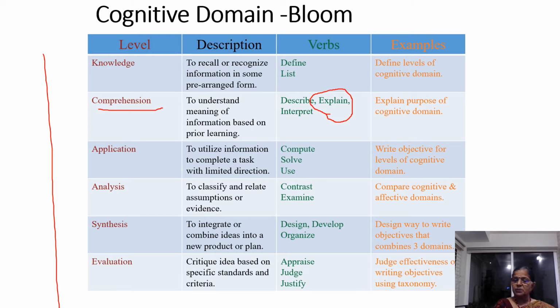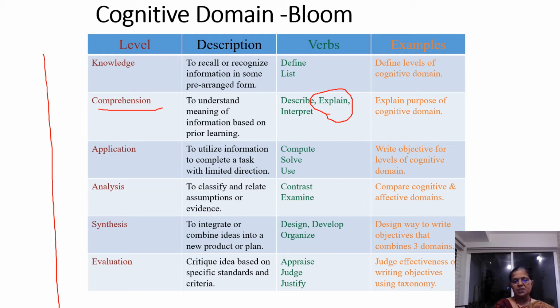If you are able to design a question paper giving equal weightage to all the three domains, using all the levels of each domain, using the proper verbs, that means you are designing a question paper and you are at the highest but one level, that is the synthesis level.